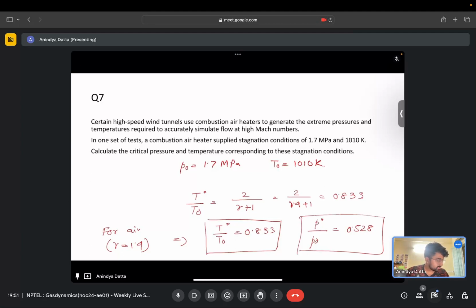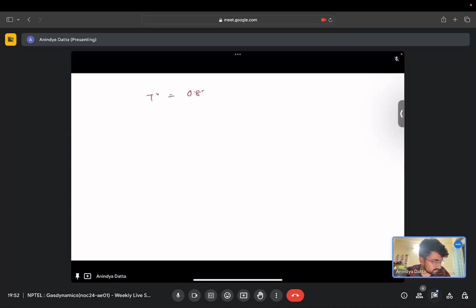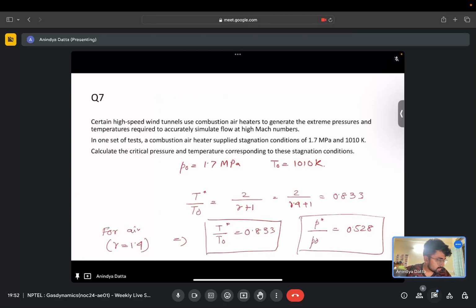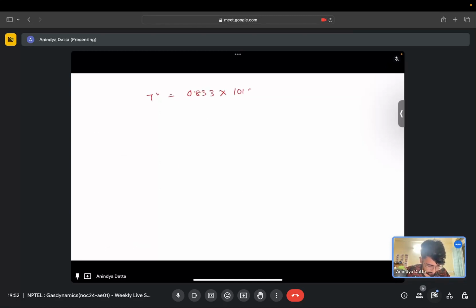Now it is pretty straightforward. T star will be 0.833 into 1010, which is 841.33 Kelvin, and P star is equal to 0.528 into 1.7, which is 0.8976 megapascal.